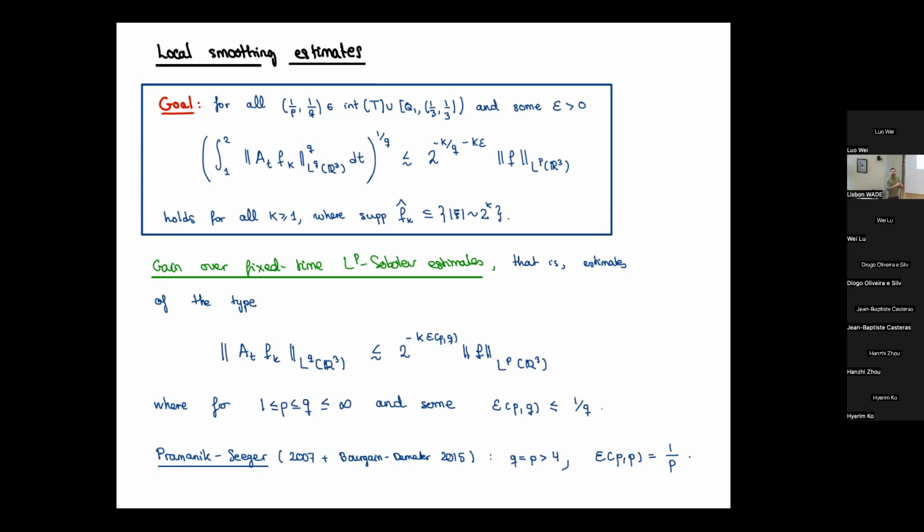That just comes from an example which would be taking a neighborhood of the curve. Okay, it's not a difficult one. So we need to gain over these fixed time estimates by the integration in time. And for context, that is typically referred to as local smoothing estimates.